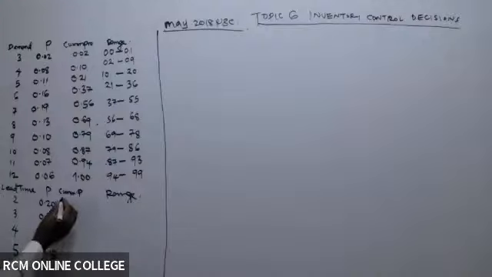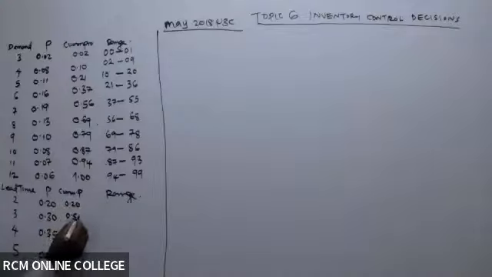Without any problem. So cumulative probability, we pick the first one, 0.20. When you add it here, 0.50, 0.85, 1.00.